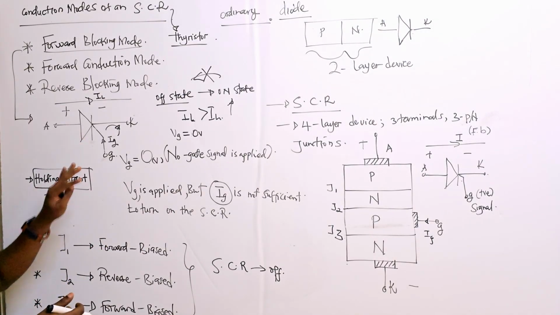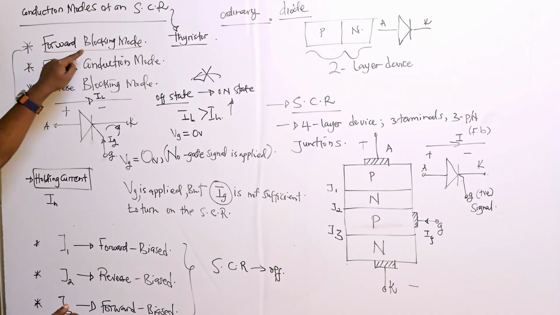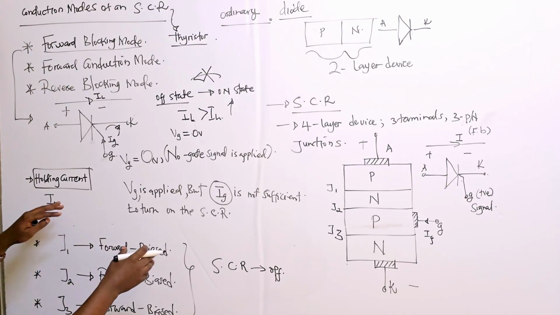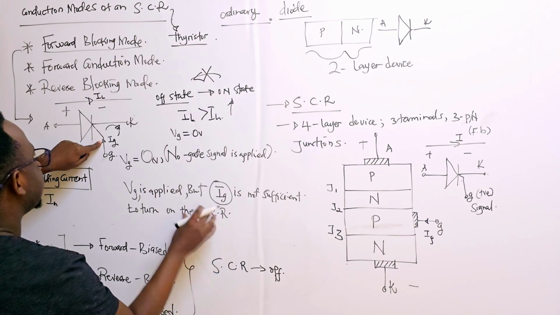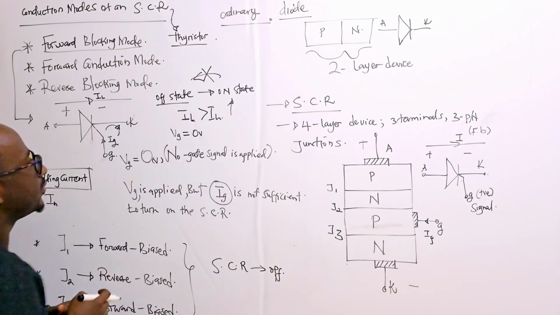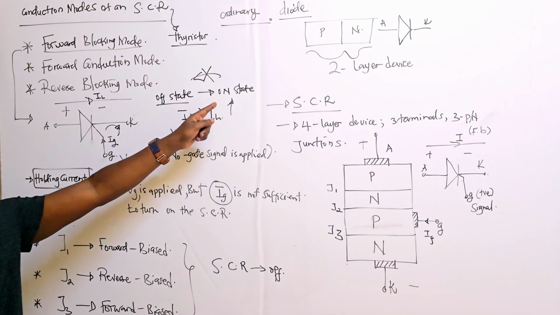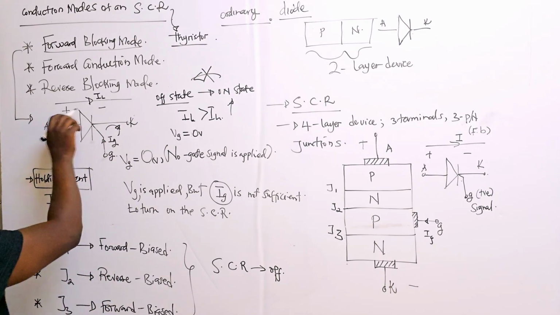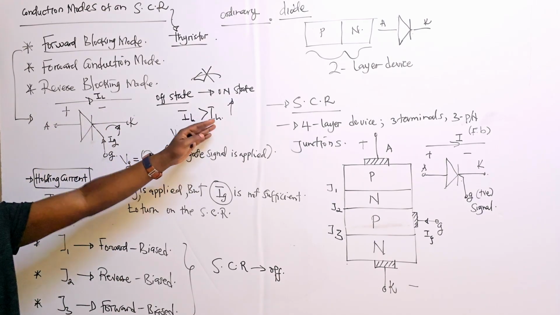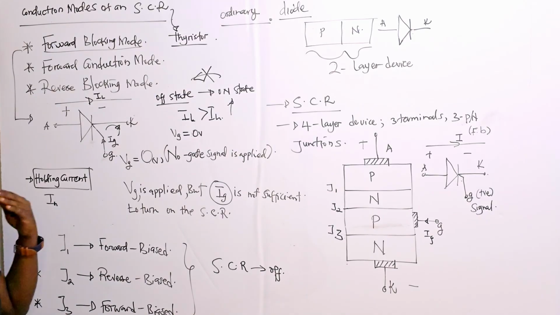So in principle, that is the forward blocking mode. The gate is just not enough to trigger the device from off state into full on conduction mode where the anode cathode current is greater than the holding current.